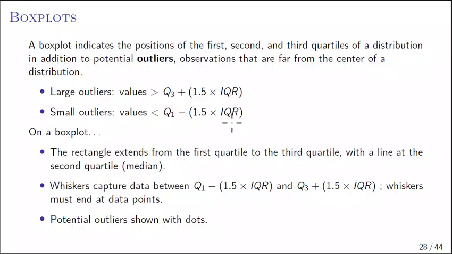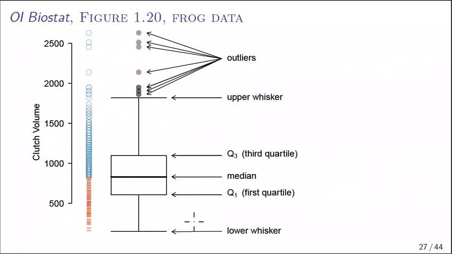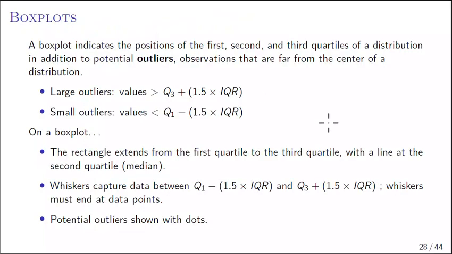What does that mean? Values that go below this, even smaller than Q1 minus 1.5 IQR, are below the lower whisker. That's a small outlier.